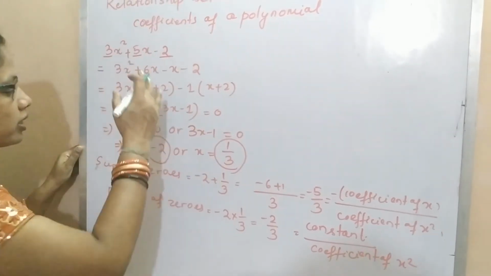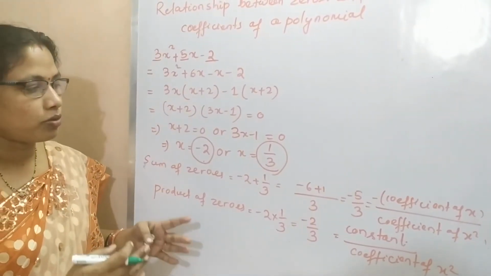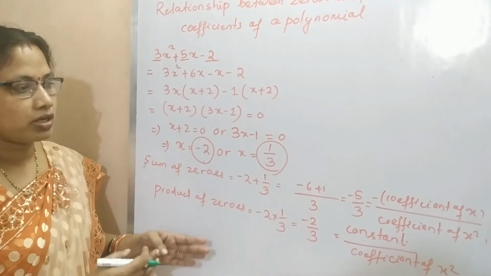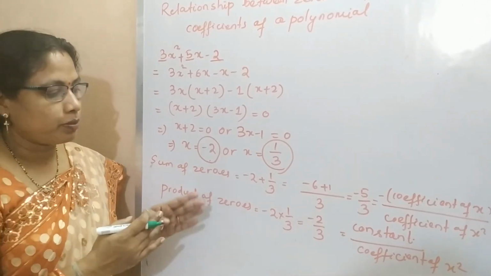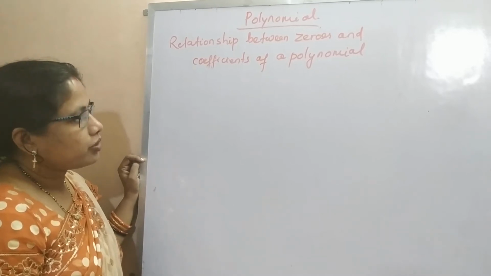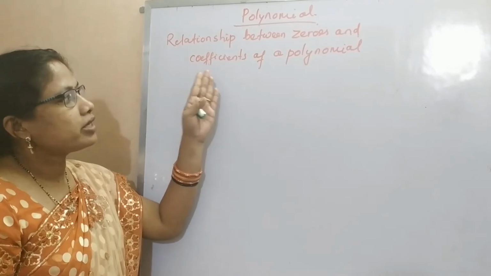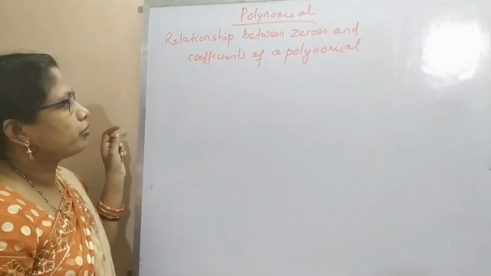So these are two examples. Now we will generalize the formula. How the sum of the roots, sum of the zeros is minus b by a and product of zeros is c by a. So next we will generalize the relationship between zeros and coefficient of a quadratic polynomial.